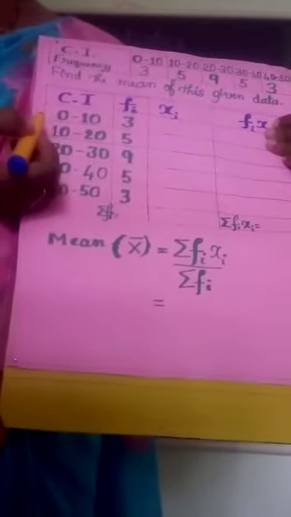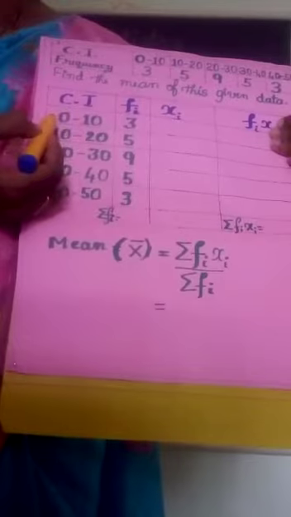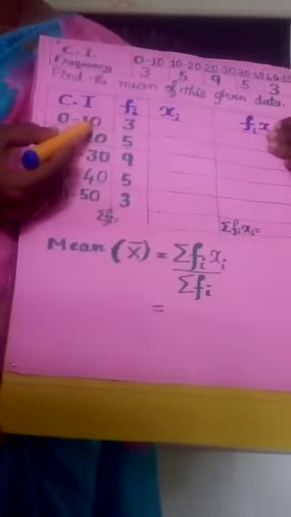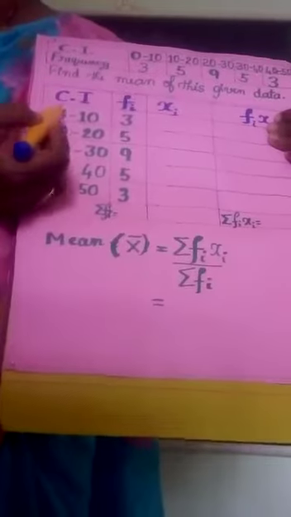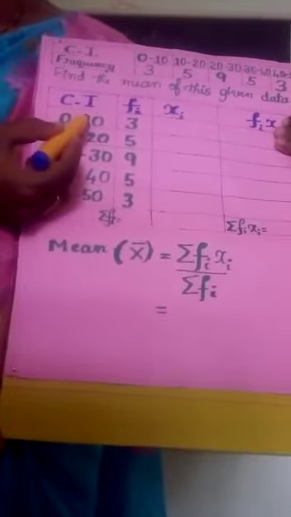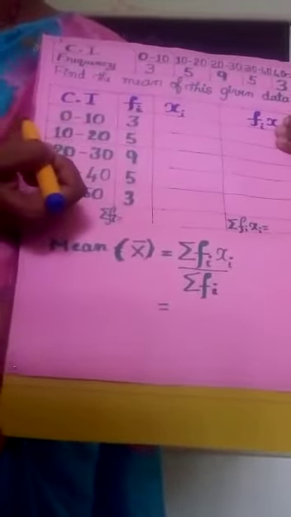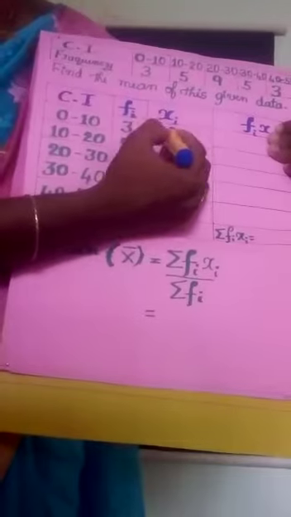Why are we dividing by 2? Because only 2 data are given, one lower limit, one upper limit. So I'll add 0 plus 10. You get the sum 10. 10 divided by 2, 10 by 2 is 5.